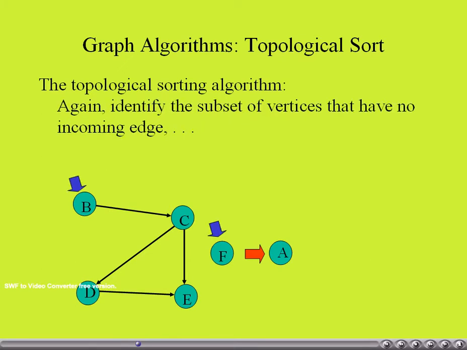Again, we are supposed to find those vertices whose indegree is 0, that is, which don't have any incoming edge. Now, currently, B and F are such vertices. We can select any one of them. We are going to select F. Thus, F will be kept in the output list. However, as F doesn't have any outgoing edge, the graph structure will not change much.